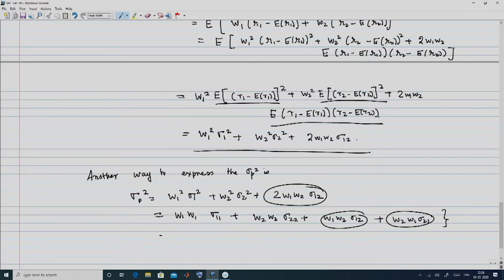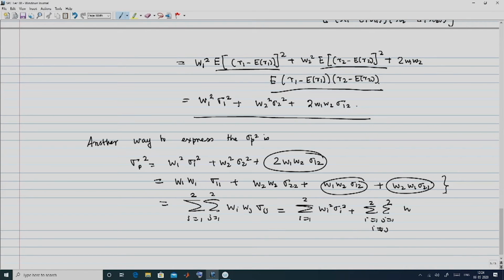Now, this step can be collated as double summation i equal to 1 to 2, j equal to 1 to 2, Wi Wj sigma ij, and another representation of this is going to be summation i equal to 1 to 2 Wi square sigma i square plus double summation i equal to 1 to 2, j equal to 1 to 2, i not equal to j, that means 21 and 12, and this will be Wi Wj sigma ij.